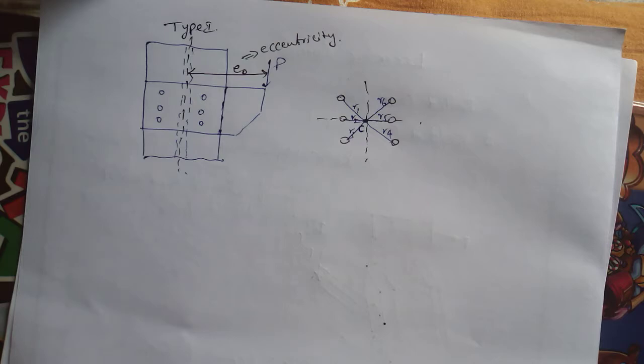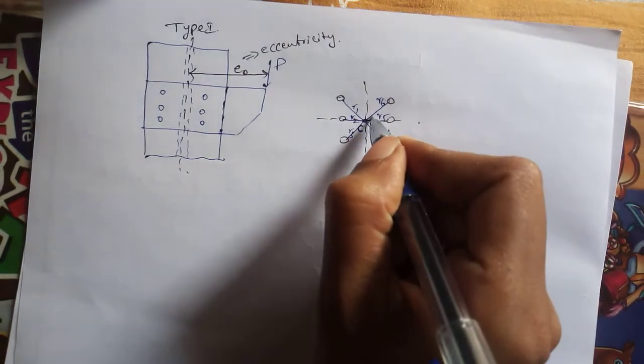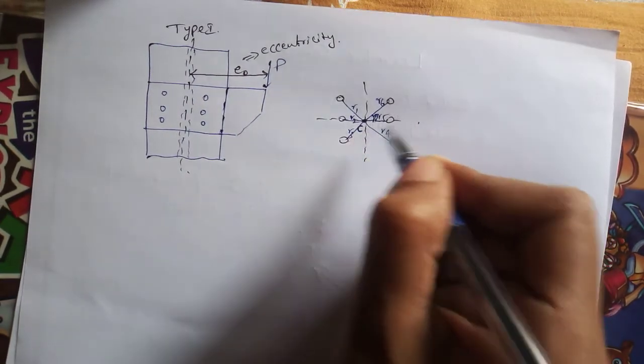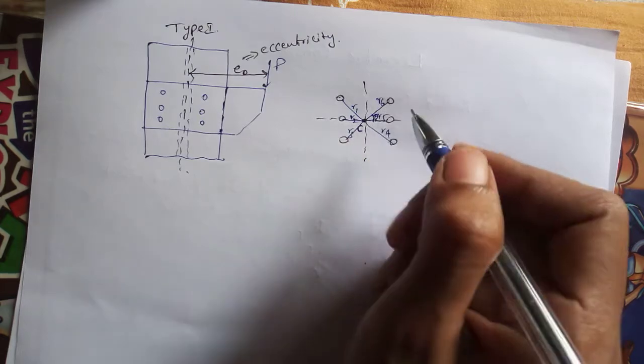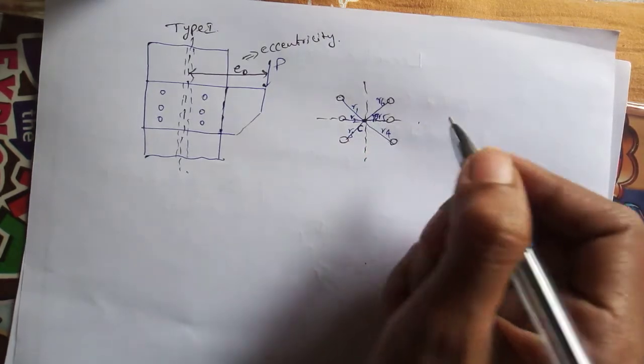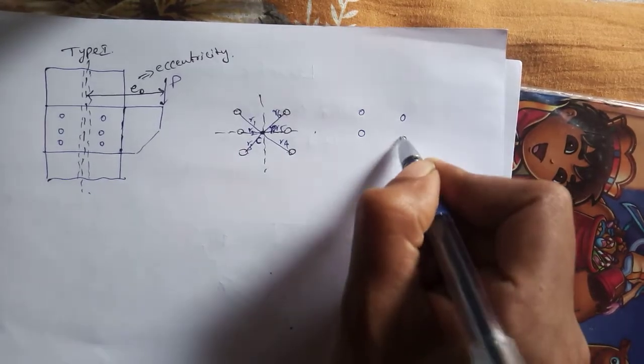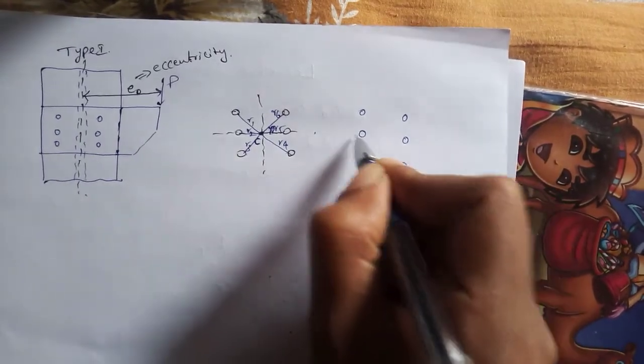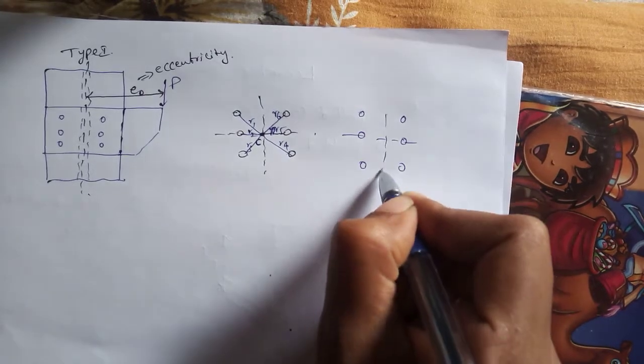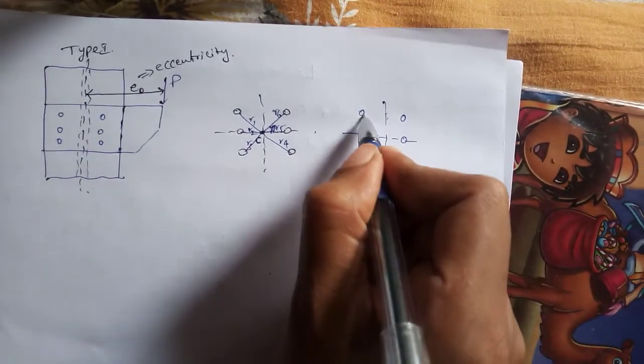Also, every bolt will have some different theta angle, some theta values. Now this bolt group will also have some forces. We will represent the forces here, for every bolt.